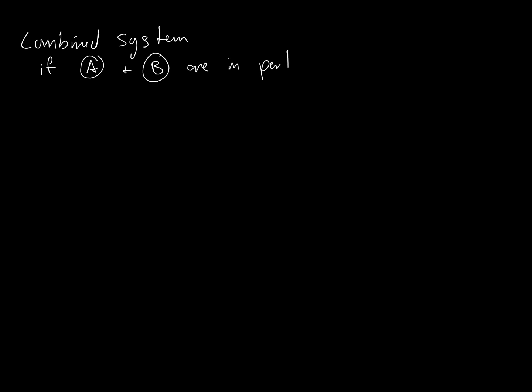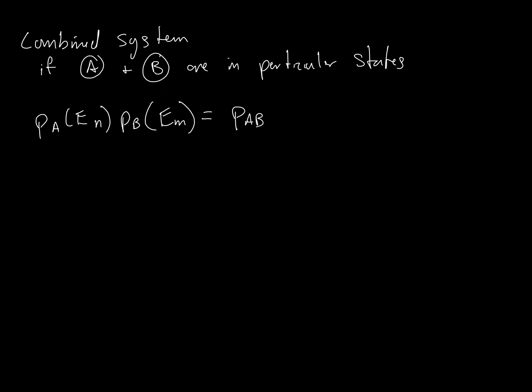So for the combined system, if A and B are in particular energy states, it makes sense that if we have the probability of subsystem A being in some state with energy E_n, and the probability of subsystem B being in some state with energy E_m, it is going to be equal to the combined probability.